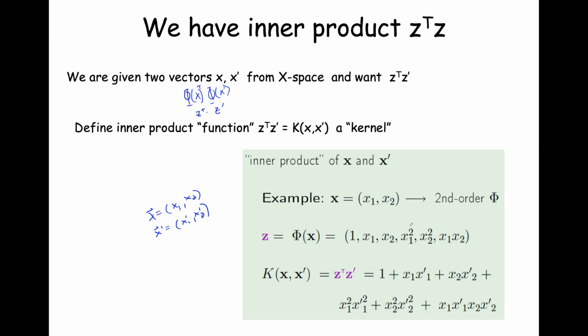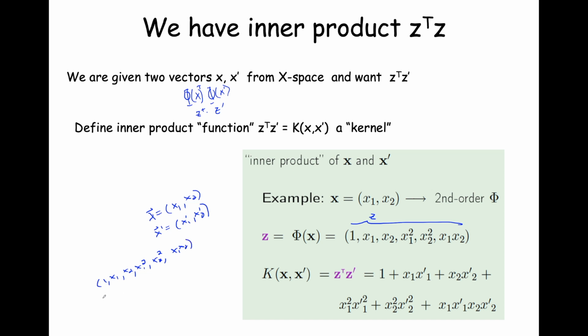Well, Z is 1, x1, x2, x1 squared, x2 squared, x1 times x2.